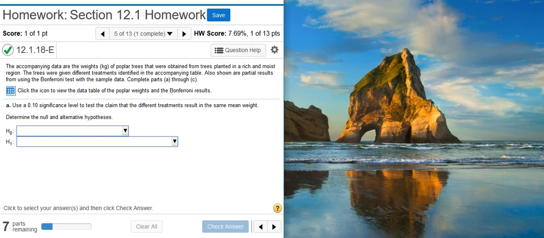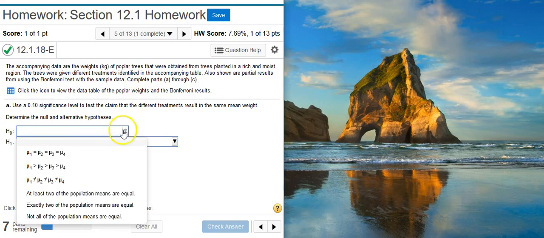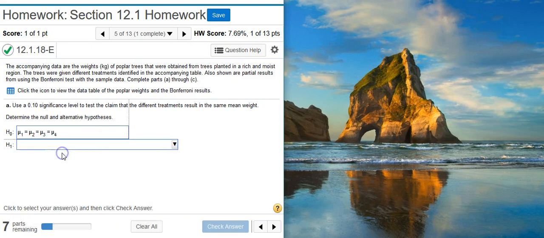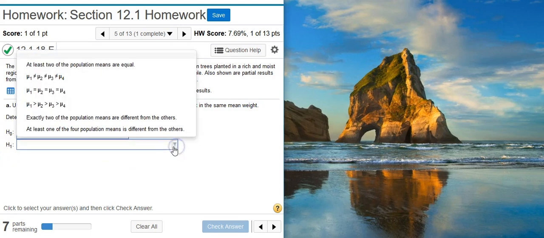The null hypothesis, because it's a statement of equality by definition, will simply mean that all of the parameters you're looking at are equal to one another. That being the case, we're going to select the option where all of our parameters are equal to each other. The alternative hypothesis will then be that at least one of these parameters is different from the other.